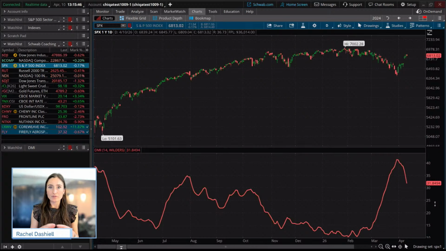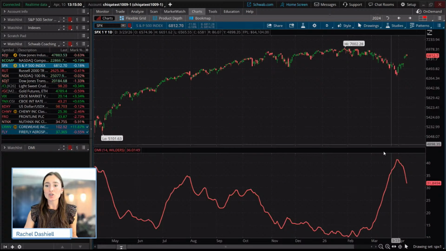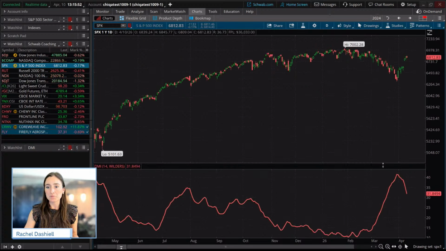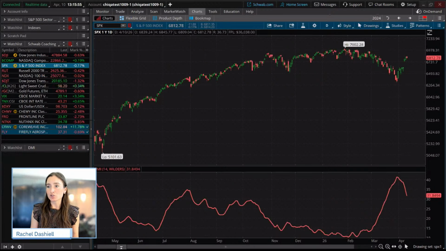So this is taking that 14 period Wilder's moving average of what you're seeing in both of those directional movements. It's essentially taking the absolute difference of both of those directional indicators and dividing it by the sum of those directional indicators.